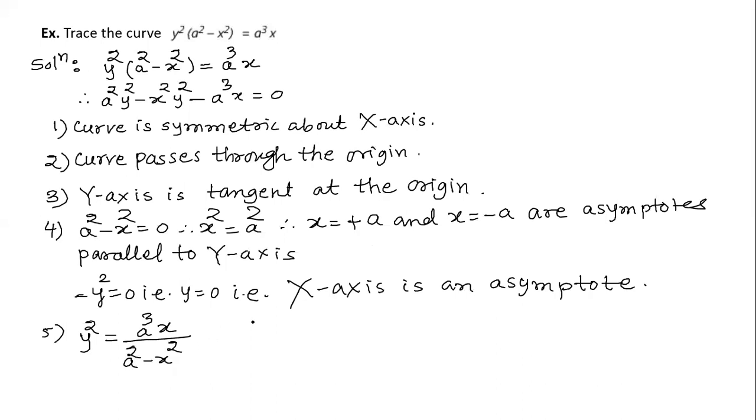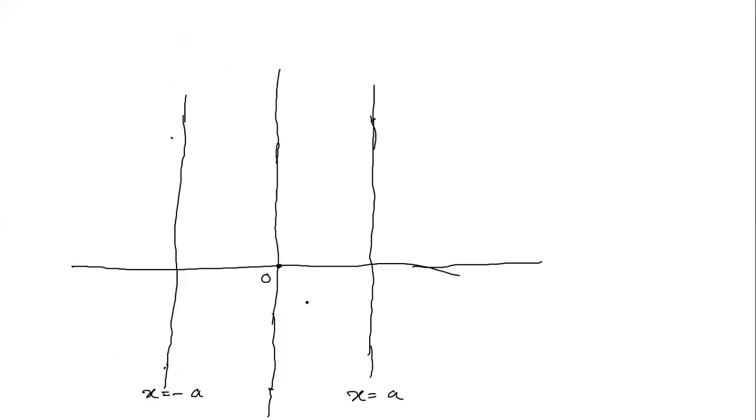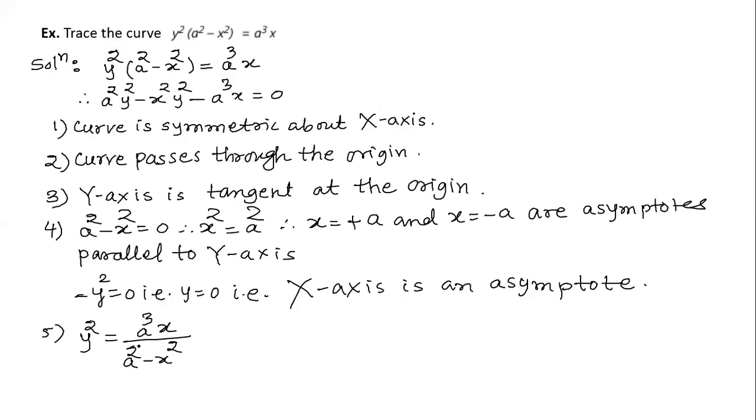Okay. Now let us put x equal to a by 2 for our convenience. Then y square will be a cube into a by 2 upon a square minus a square by 4. Y square is a positive quantity, so y will be positive as well as negative.